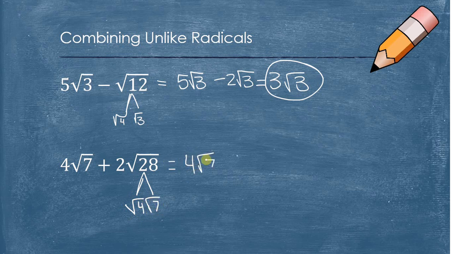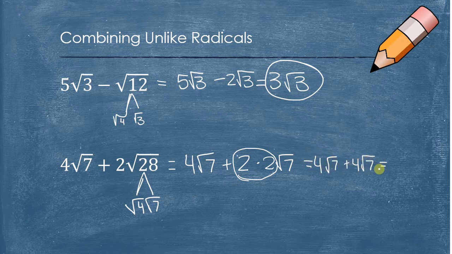So 4 square roots of 7 plus 2 times, what's the square root of 4? 2 square roots of 7. Well, I've got to combine this here. That's 4, right? So I'd have 4 square roots of 7 plus 4 square roots of 7, which is 8 square roots of 7 altogether. Perfect.